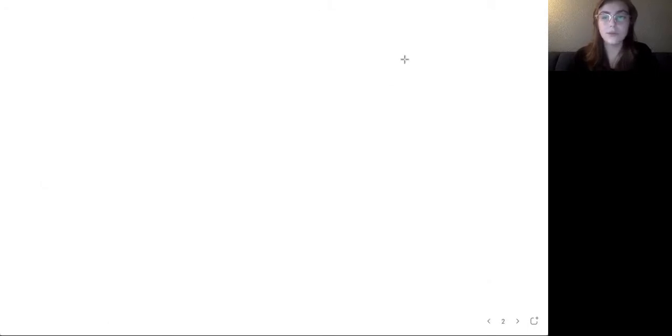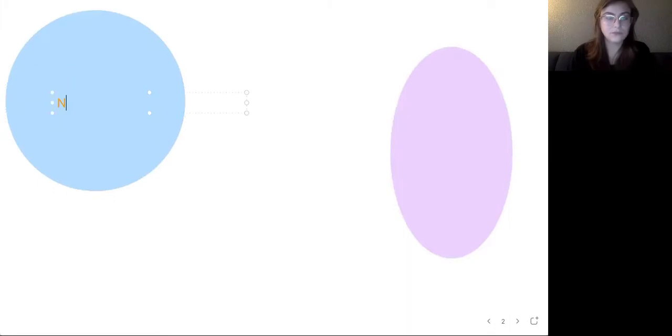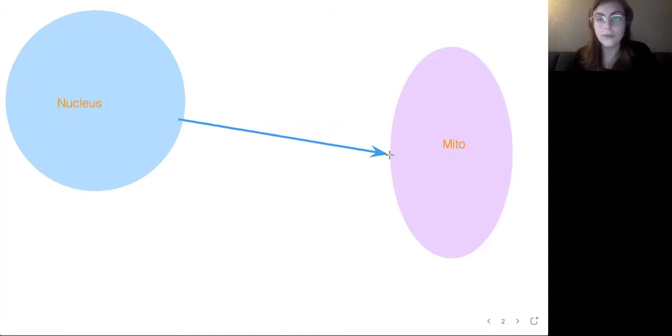So over here you have your mitochondria, and we'll put your nucleus over here. Okay, so within the nucleus, this is where your DNA undergoes transcription into RNA, and this occurs within the nucleus.